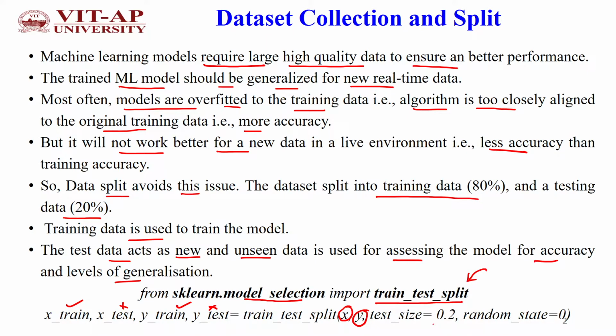Here the test size can be mentioned as a fraction, so 0.2 means 20 percent of the input data. Here a random state is mentioned so that we always get the same random samples for the testing and training data sets.